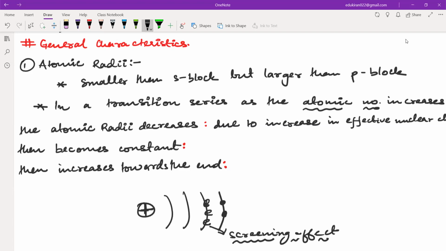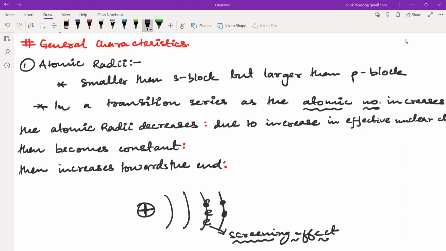That means the two effects level out. The increase in the atomic number, that is the increase in Z effective, and the screening effect both increase, and that is why it counterbalances. So then it becomes constant. Why?